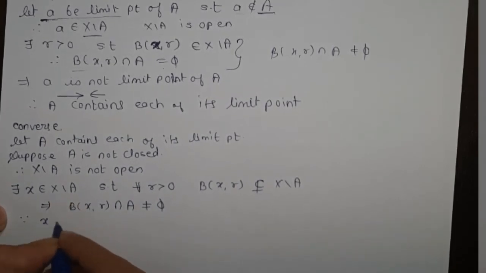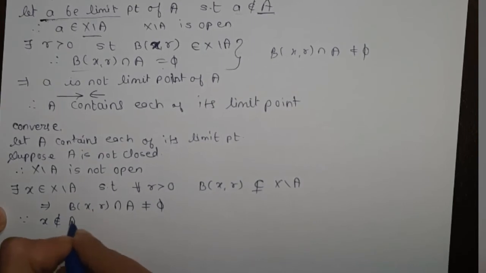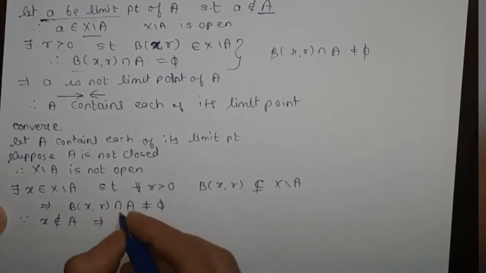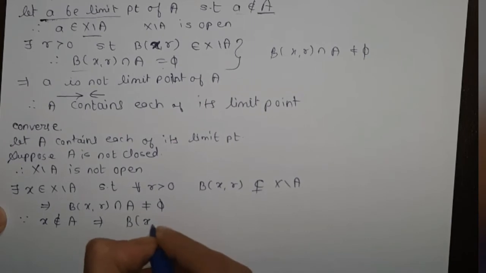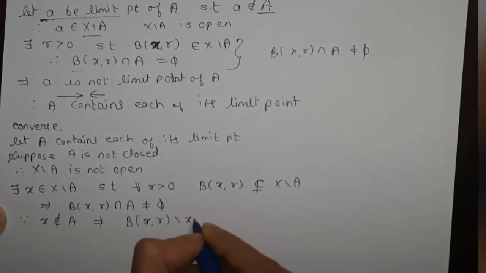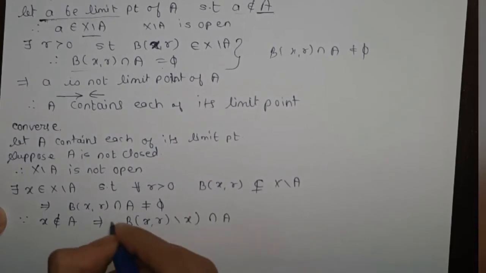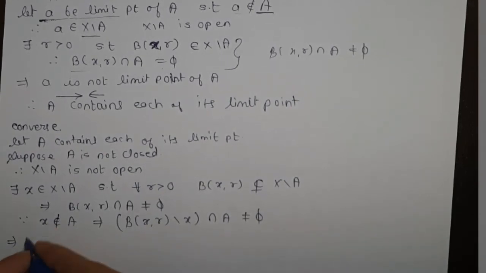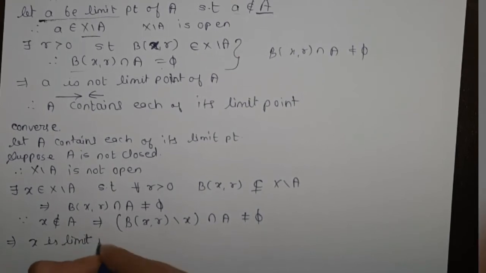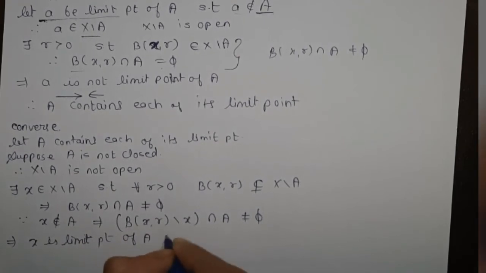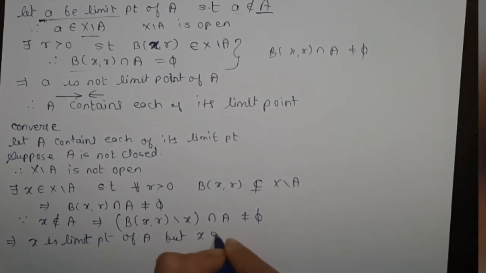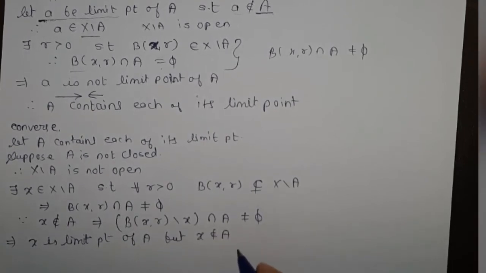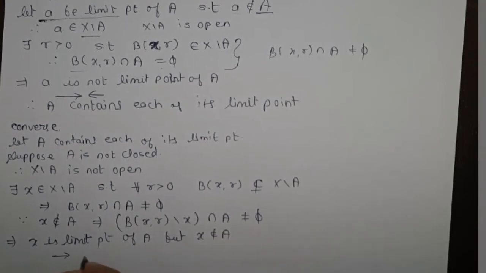Since x does not belong to A, we can write B(x, r) minus {x} intersection A is non-empty, which implies x is a limit point of A, but x does not belong to A, which is a contradiction.